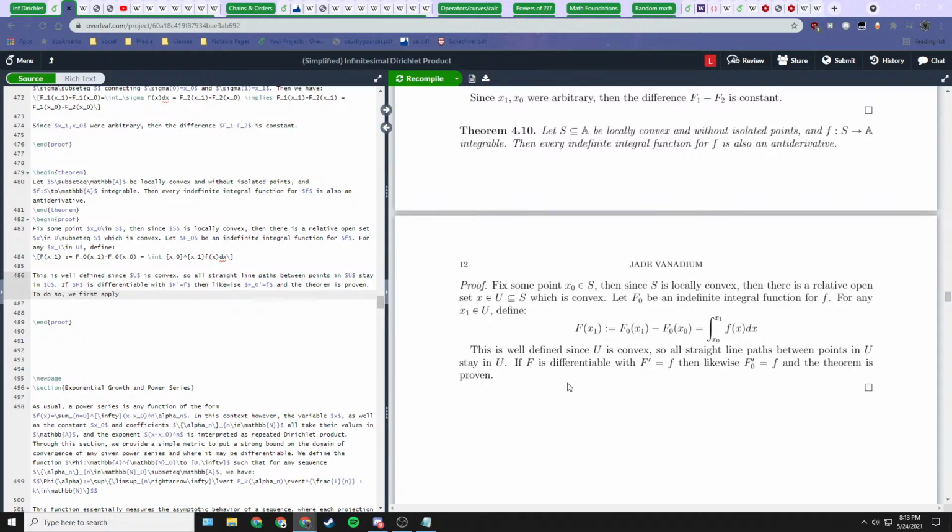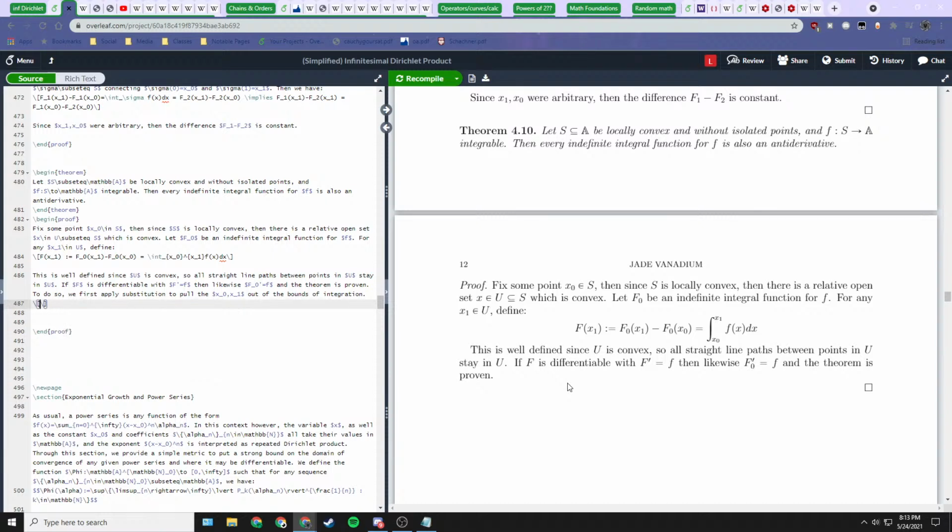To prove that it's differentiable, you first apply substitution to pull the x0, x1 out of the bounds of integration.